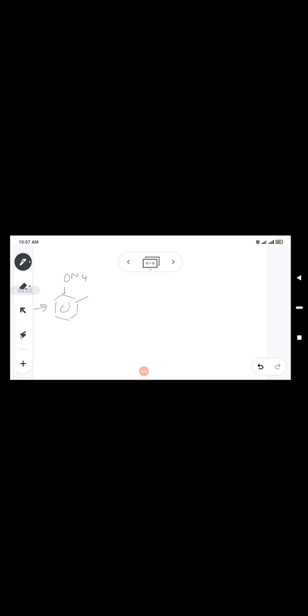so this unstable intermediate immediately loses water and changes into aldehyde group. This on treating with acidic medium forms salicylaldehyde.